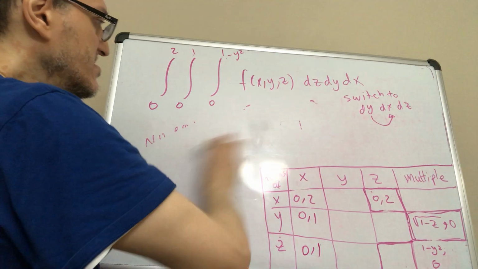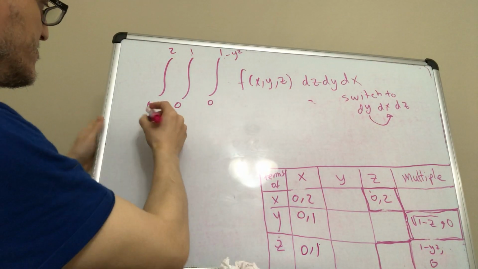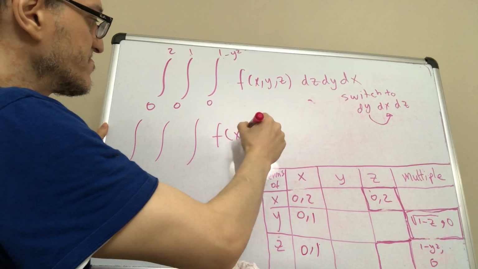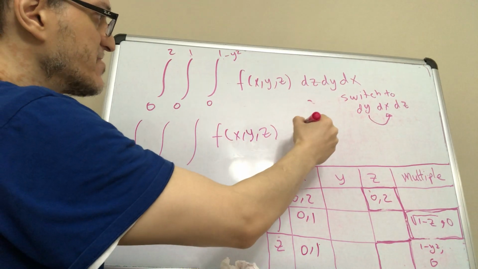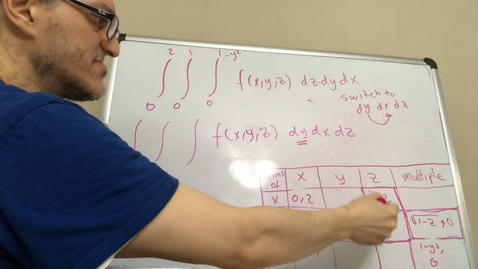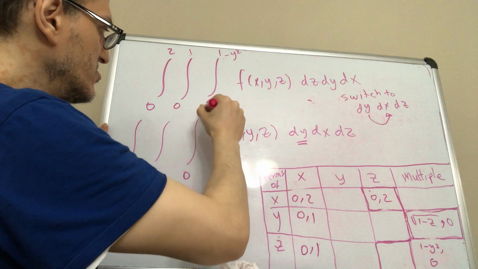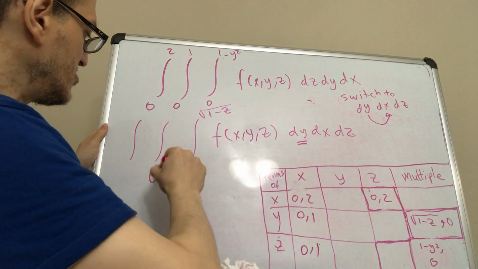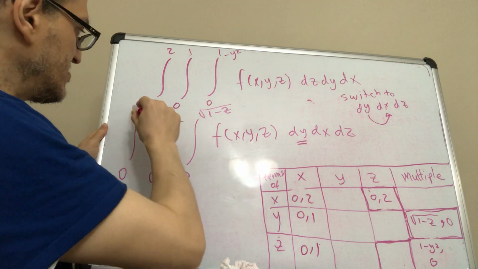So, making the switch for the function, dy dx dz: y in terms of z, 0 and the root, x in terms of z, 0 and 2, and this is 0 and 1.